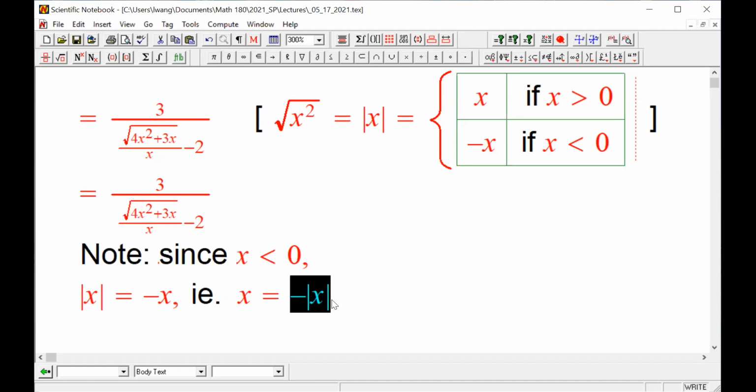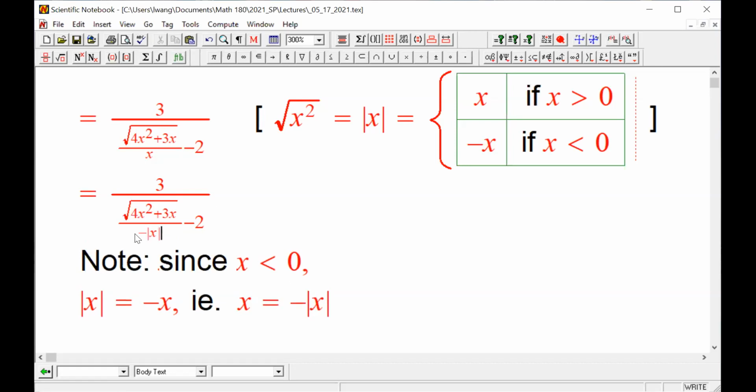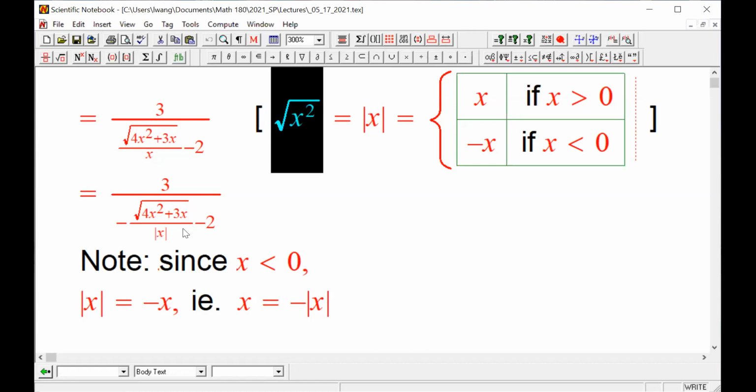That negative sign is going to get placed to the front. And the absolute value of x is the same as the square root of x squared.